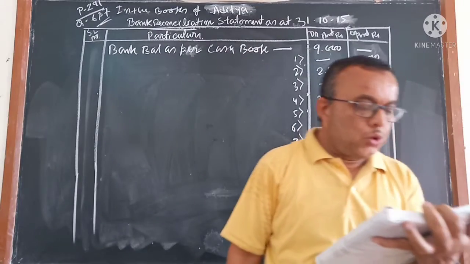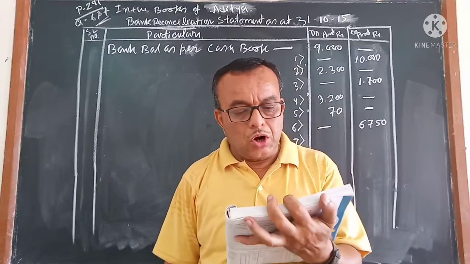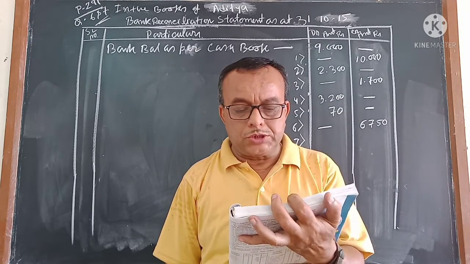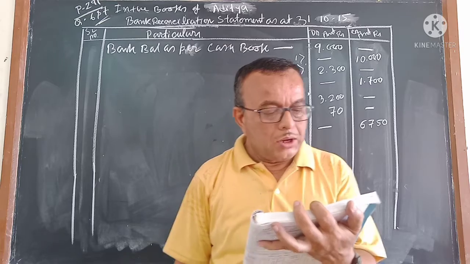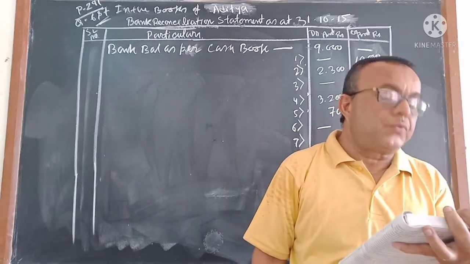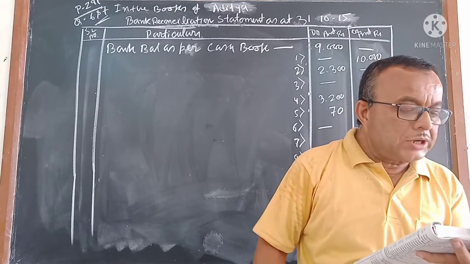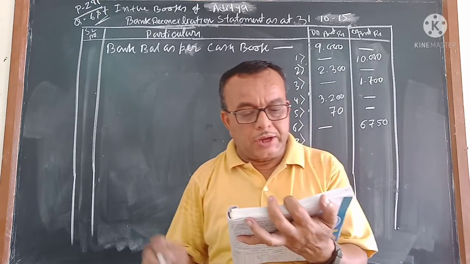Next, checks totaling 4780 were drawn, out of which a check of 1770 was presented in the bank on 2nd of November. 4,780 रुपये का चेक ड्रॉन किया.